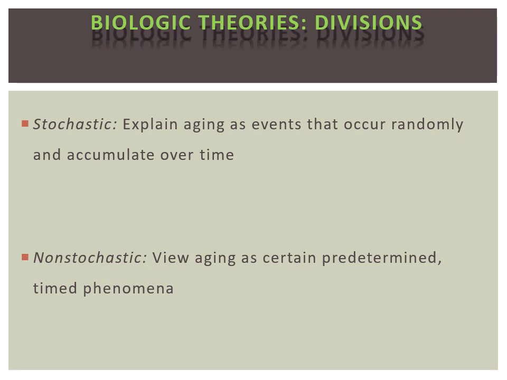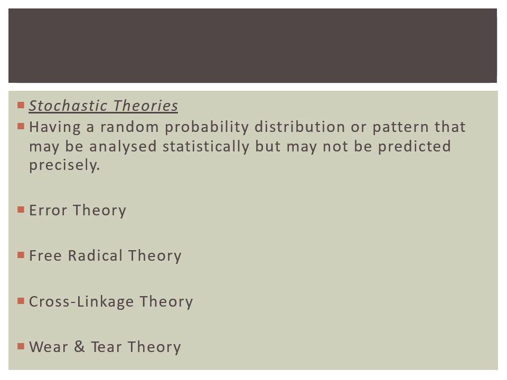It is already a predetermined phenomena. The next is stochastic theory, which is again divided into different types of theories. One is error theory, second is free radical theory, third is cross linkage theory, and the fourth is wear and tear theory.